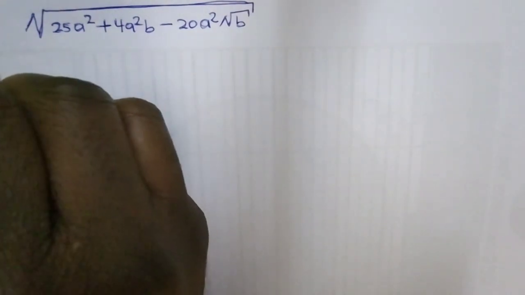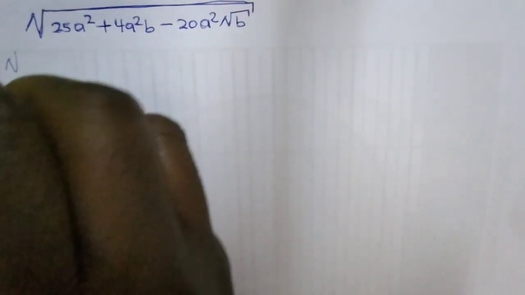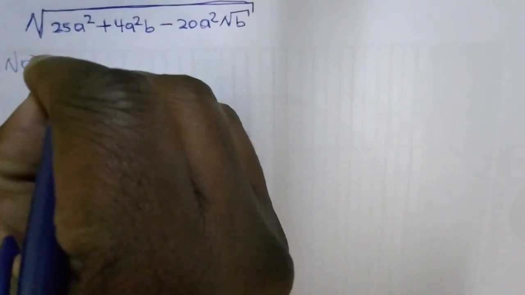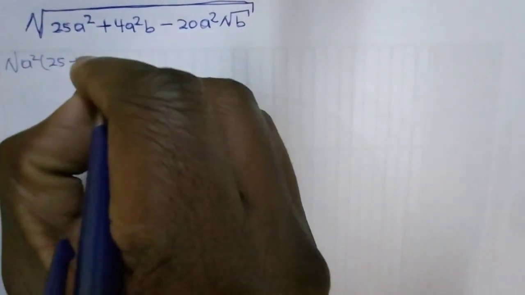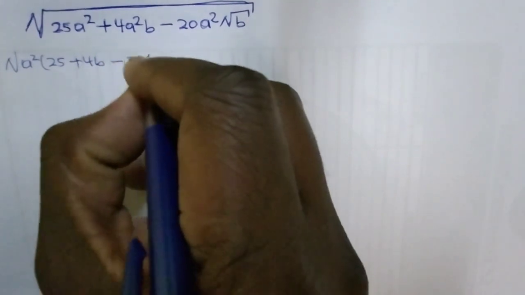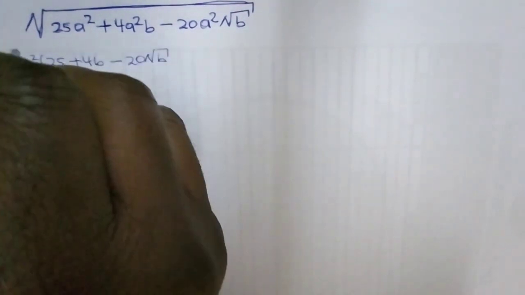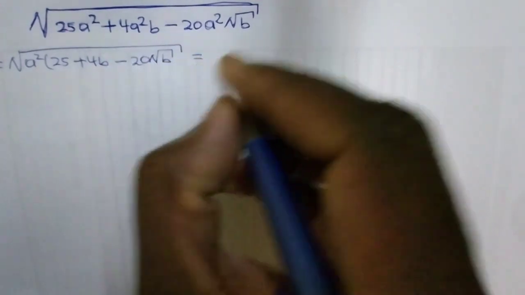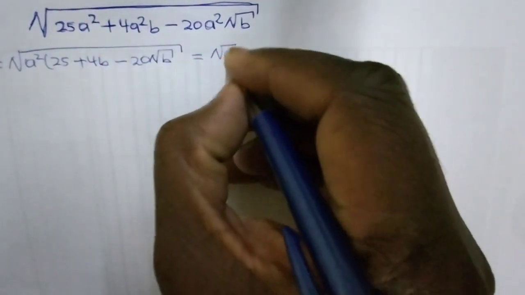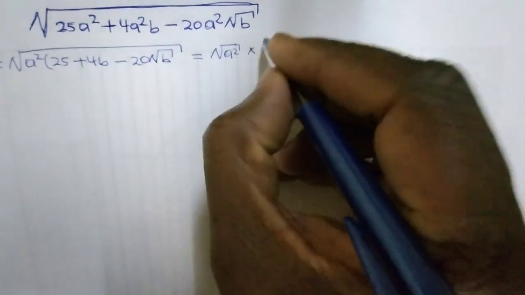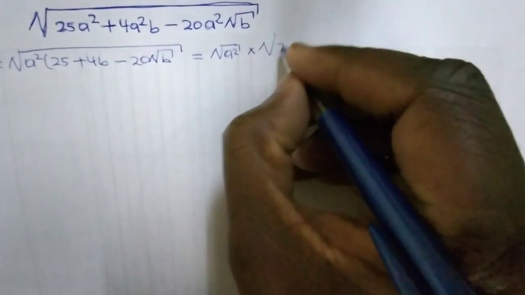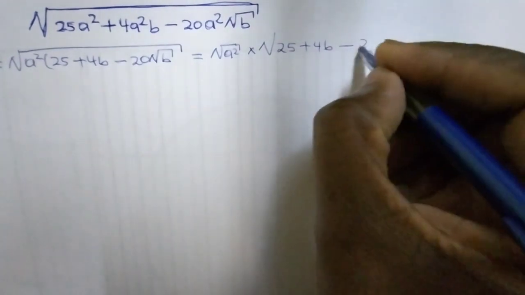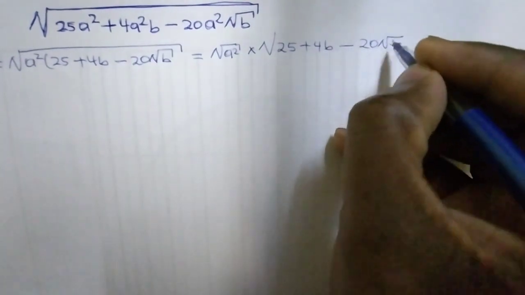So we are going to have square root of a squared factor of 25 plus 4b minus 20 square root of b. Then this will give us square root of a squared factor of square root of 25 plus 4b minus 20 square root of b.